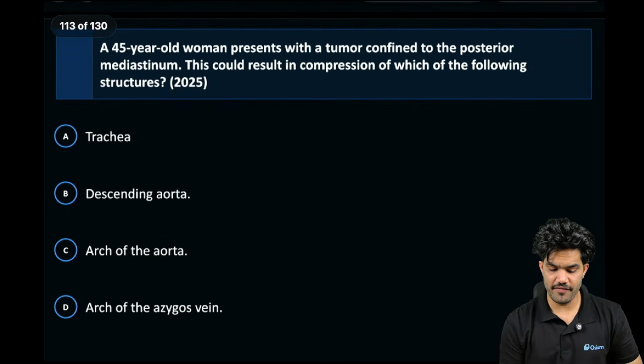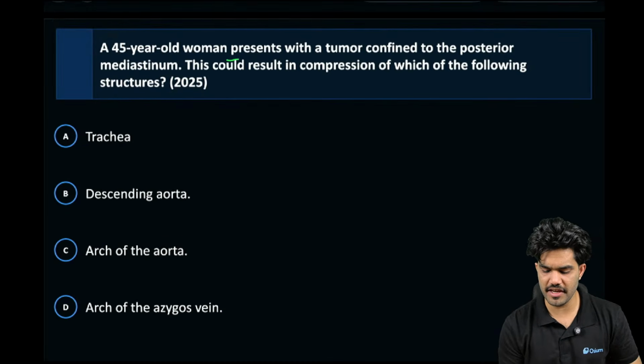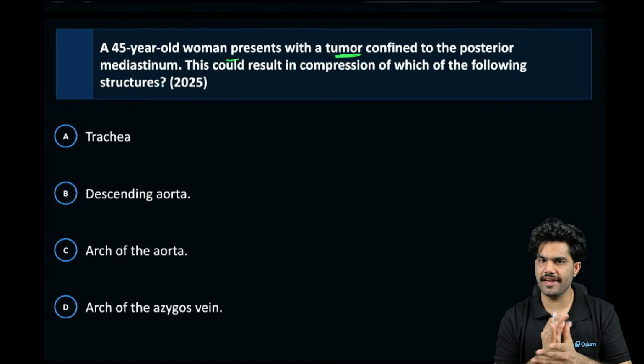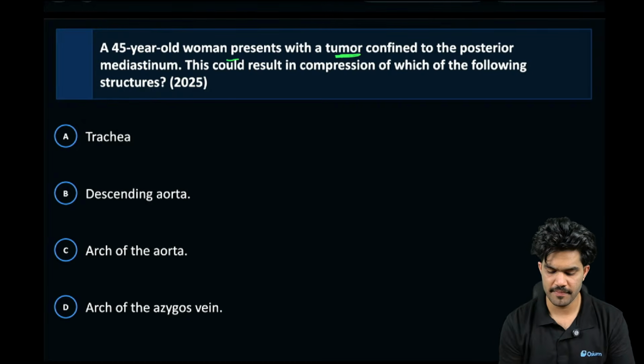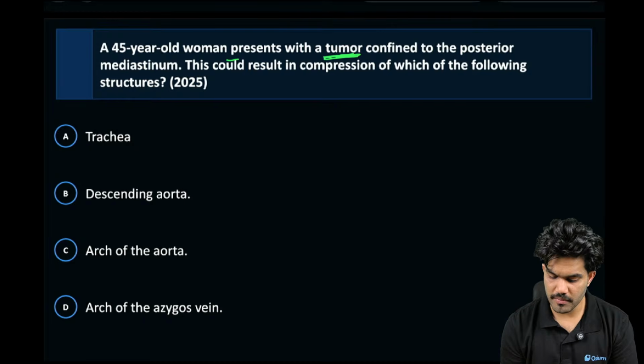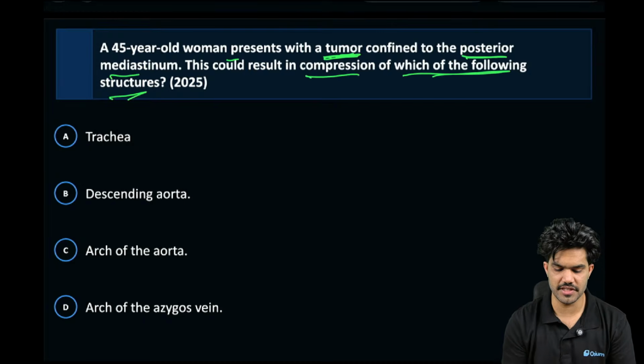Let's see. A 45-year-old woman presents with a tumor. By seeing the length of the question, don't think it is tough. It is very easy. The woman presents with a tumor confined to the posterior mediastinum. This could result in compression of which of the following structures?